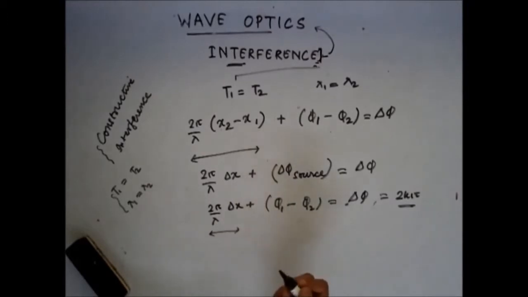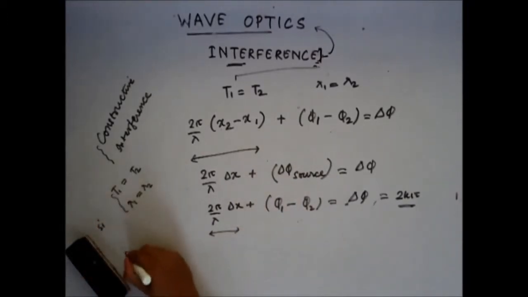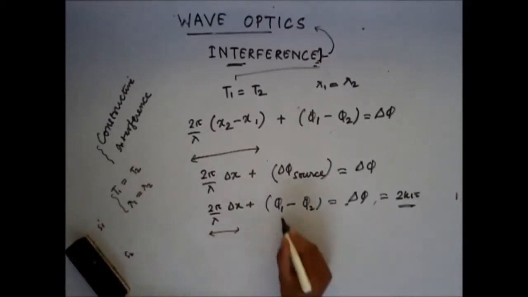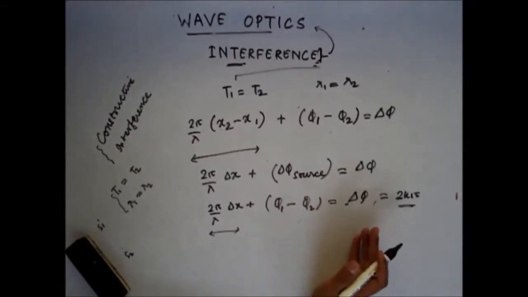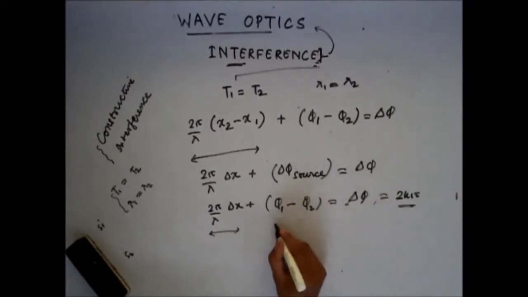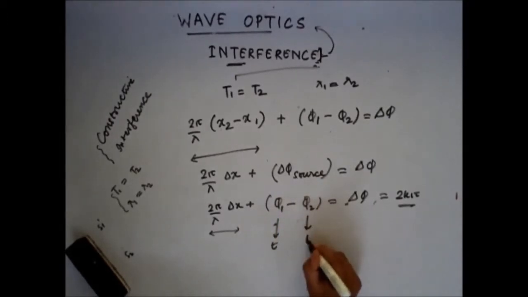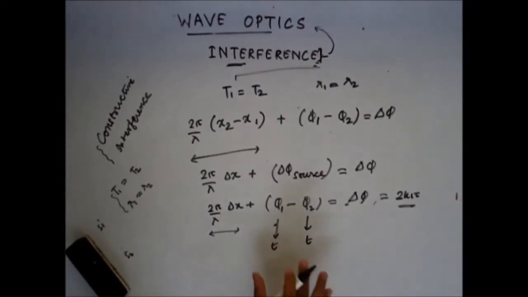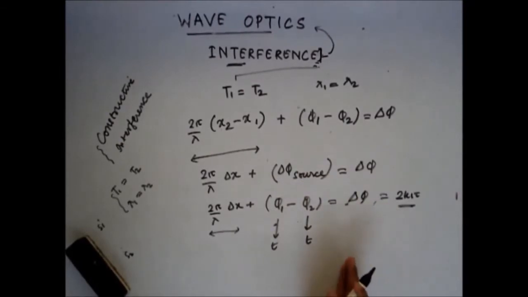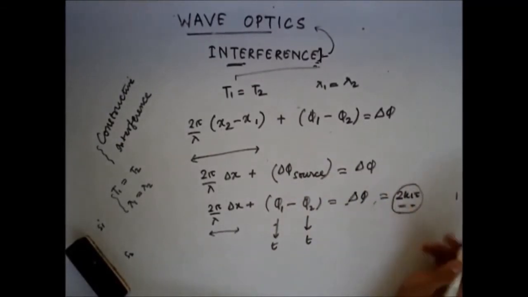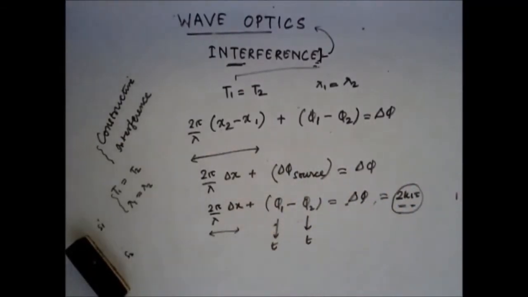Now what if the phase of S1 and S2, that is phi 1 and phi 2, keeps changing with time? It may happen that phi 1 is a function of time and phi 2 is also a function of time. If both are functions of time, then again on this side I have a quantity which is constant, and on this side I have a quantity which keeps varying with time.